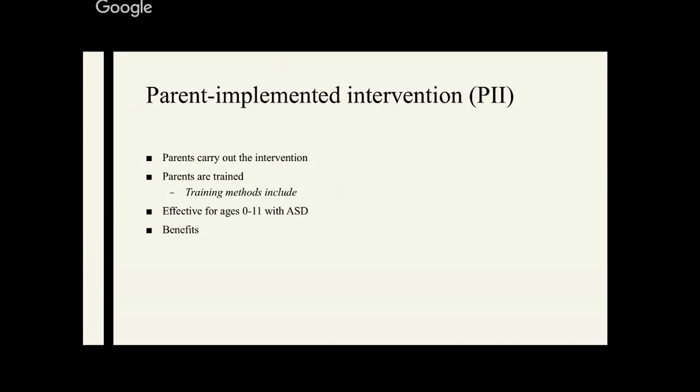PII meets evidence-based criteria with 8 group designs and 12 single case study designs. This evidence-based procedure is effective for toddlers 0 to 2, and elementary school age learners, 6 to 11 with ASD.